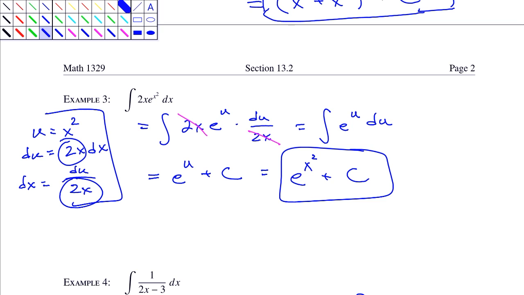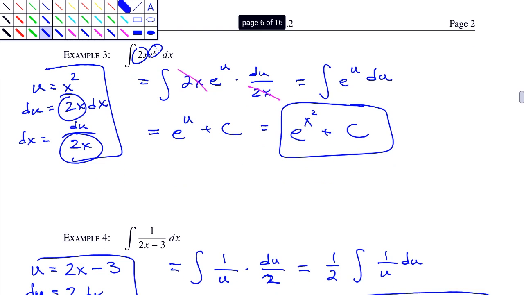So how are you going to get this 2x? Because u has to be a function whose derivative is 2x. So you're looking for that pair relationship, a function and its derivative both inside of the function. So here is 2x and e to the x squared. I know that the derivative of x squared is 2x. So if I let u be x squared, I'm going to cancel off the 2x.